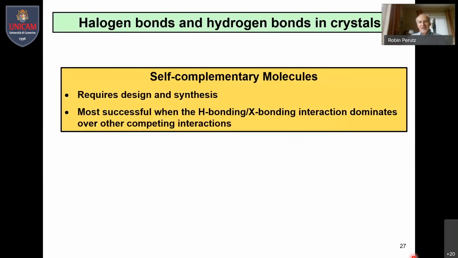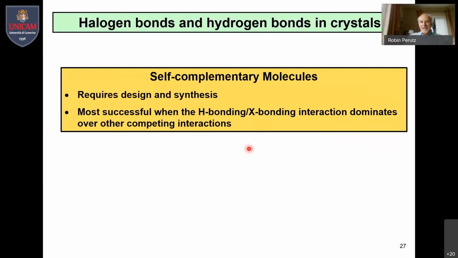Now, we can use this idea to build crystals where we have the interactions in the crystalline state rather than looking in solution. And to do this, go back to an idea I mentioned at the start. We use self-complementary molecules. So we have to design our molecules right, and of course, synthesize them.